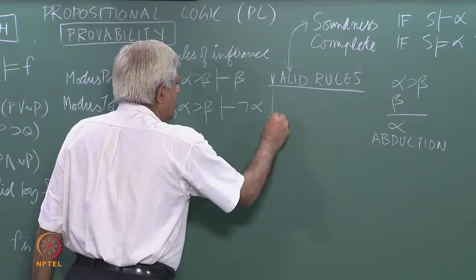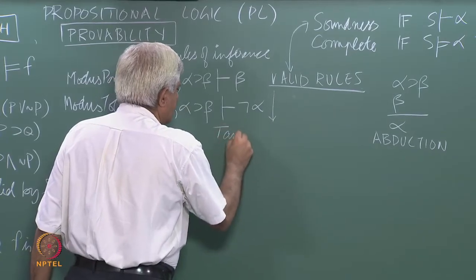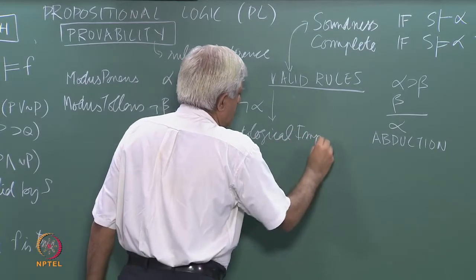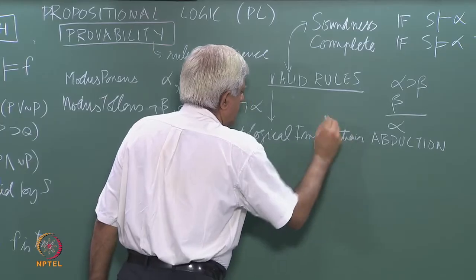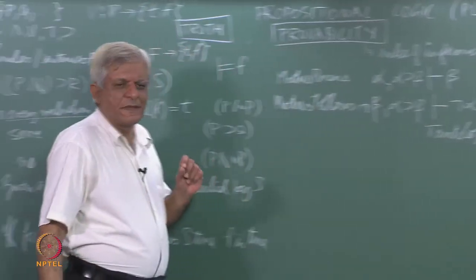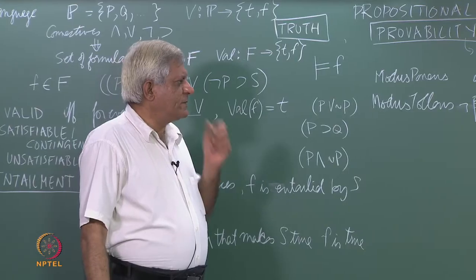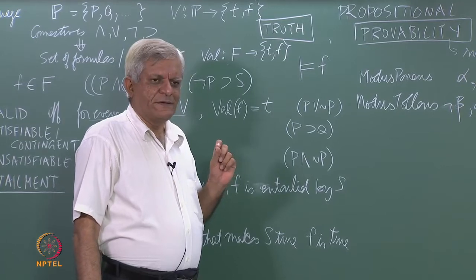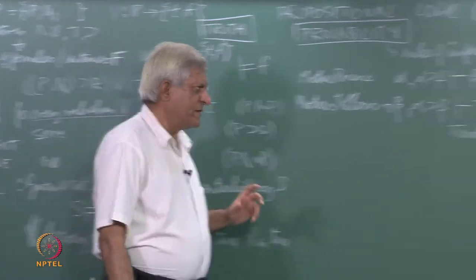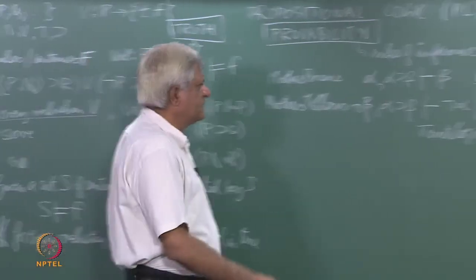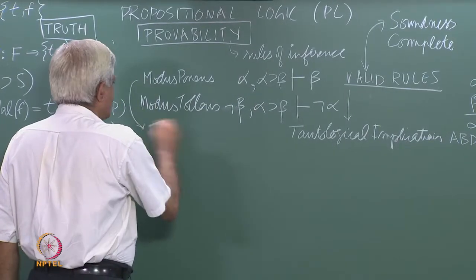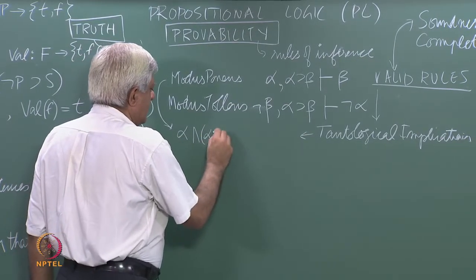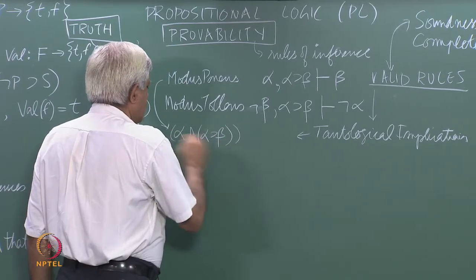Valid rules are based on tautological implications. Which means that corresponding to every rule of inference, there must be a tautology, which is an implication statement which is a tautology, and corresponding to modus ponens, for example, the tautology is alpha and alpha implies beta implies beta.